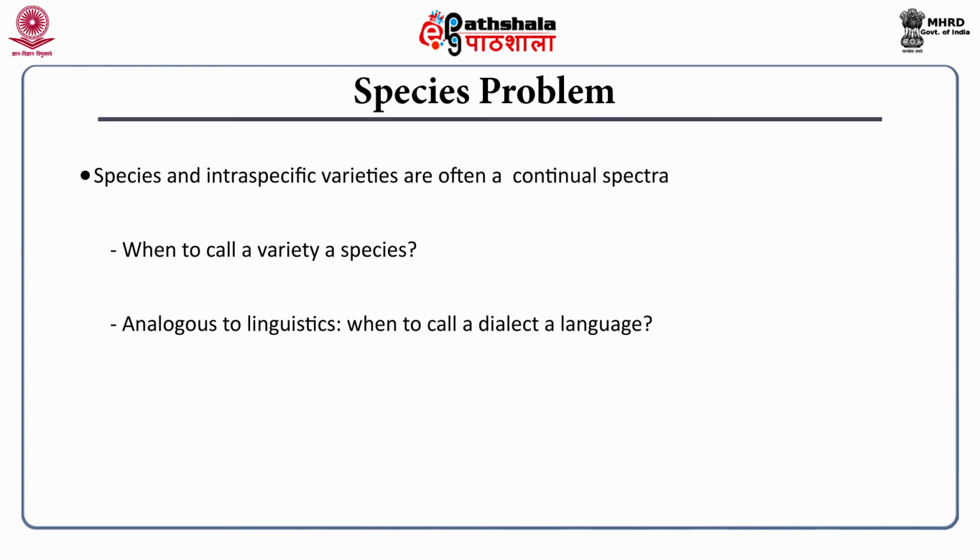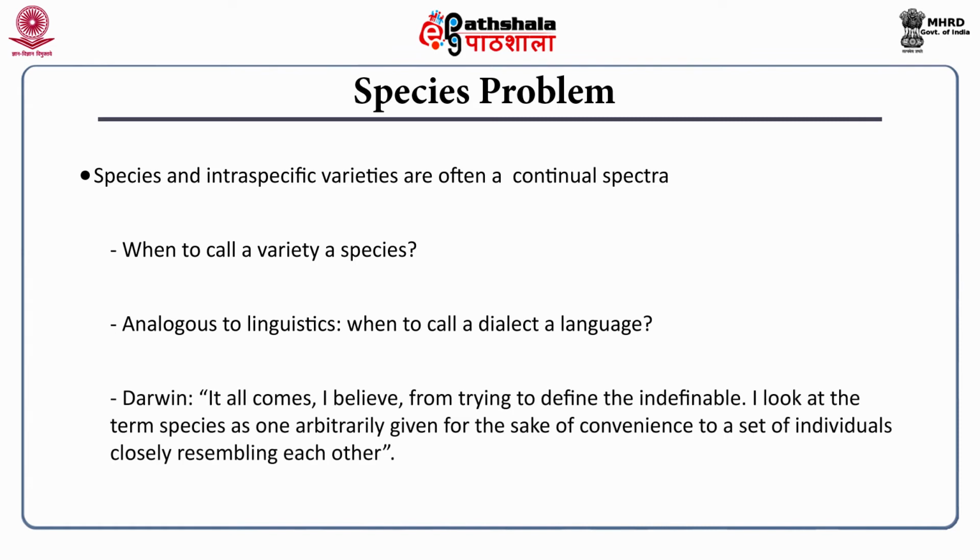So here also, interspecific variance and intraspecific variance. Within-species varieties, can you call them a separate species? It is quite technical, and it depends upon the interpretation. Let me read out one of the famous statements from Charles Darwin in this regard. "It all comes, I believe, from trying to define the indefinable." So Darwin himself is saying the species is indefinable.